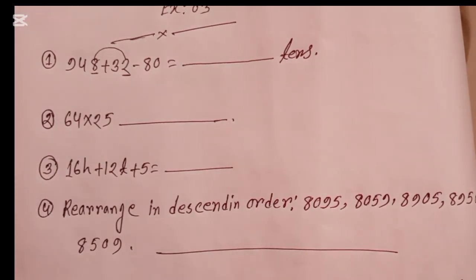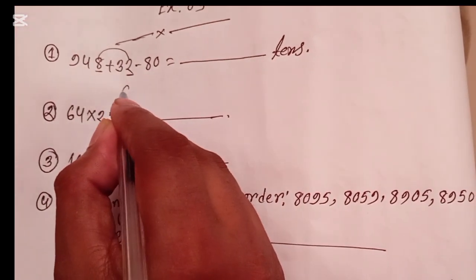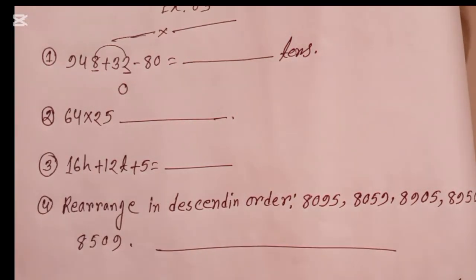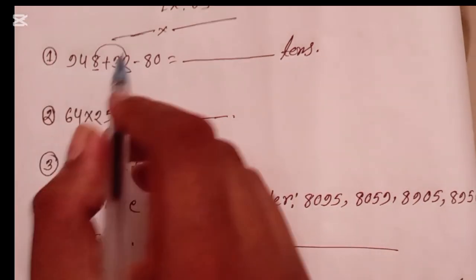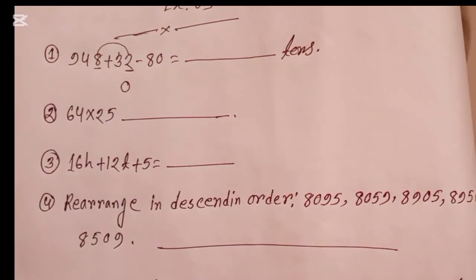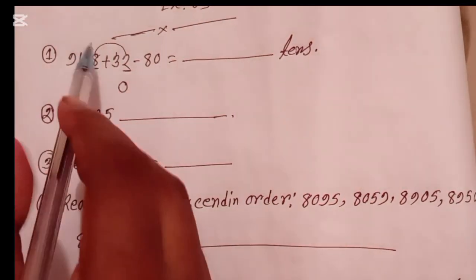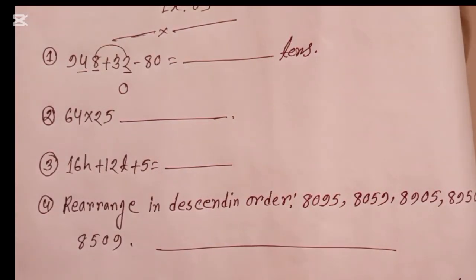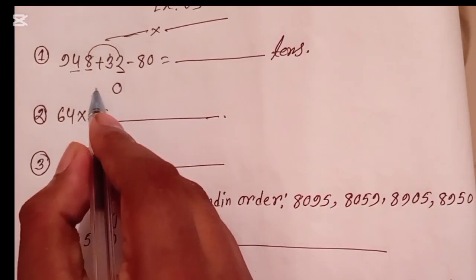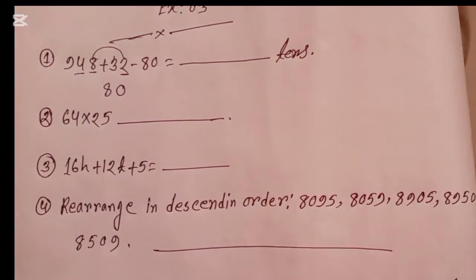So 8 and 2 is 10. We write 0 here and the carry will be 1. Then 3 and our carry 1, so 3 and 1 is 4. 4 and this 4, 4 and 4 is 8.